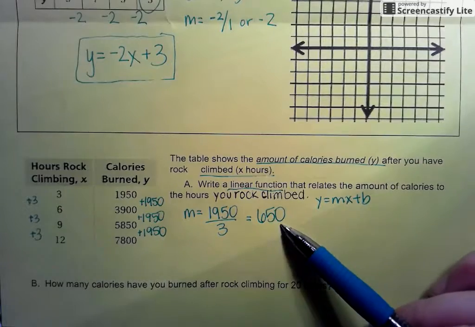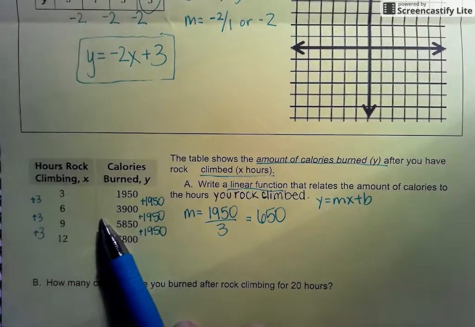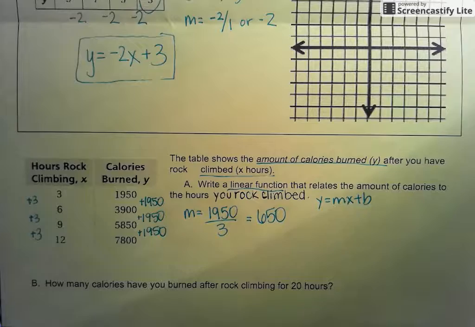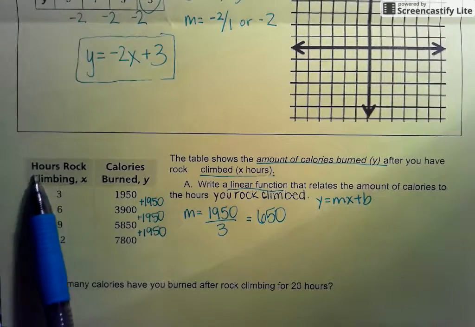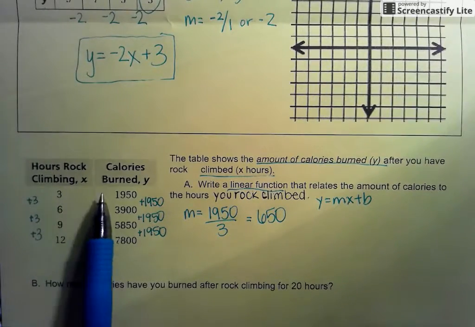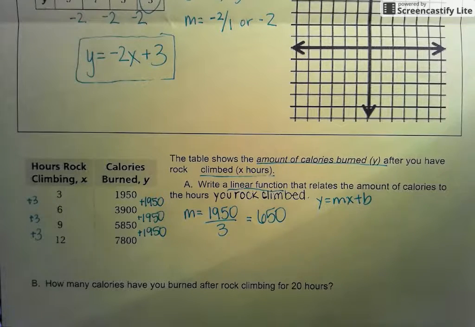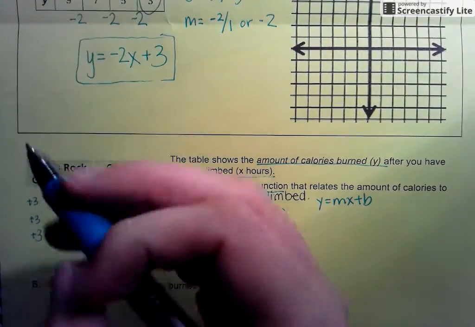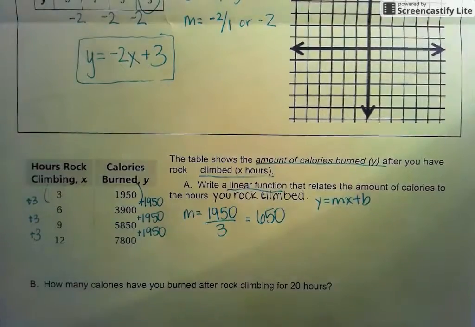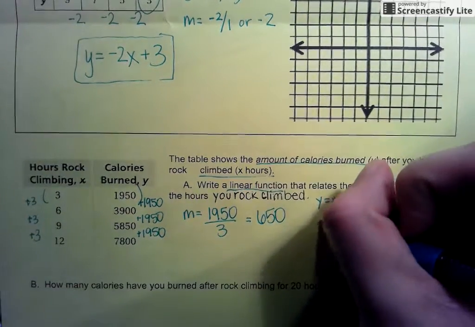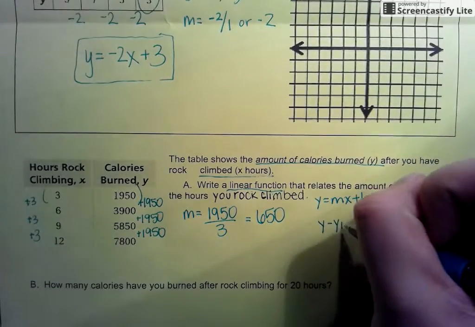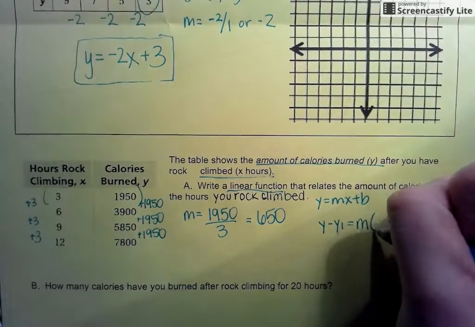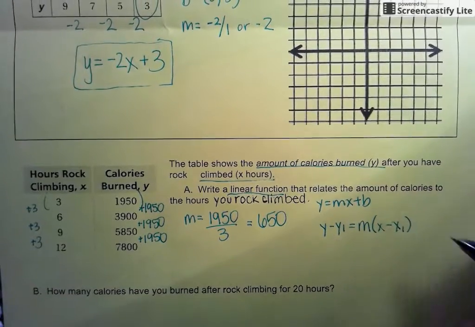Well, if I have my slope and I have my points, I'm thinking I can either try to figure out by looking at the table what my y-intercept would be, or I could figure it out by using point slope form, because I have my slope and I have my points. So I'm going to use this first point right here and use point slope form, which is y minus y1 is equal to m times x minus x1.